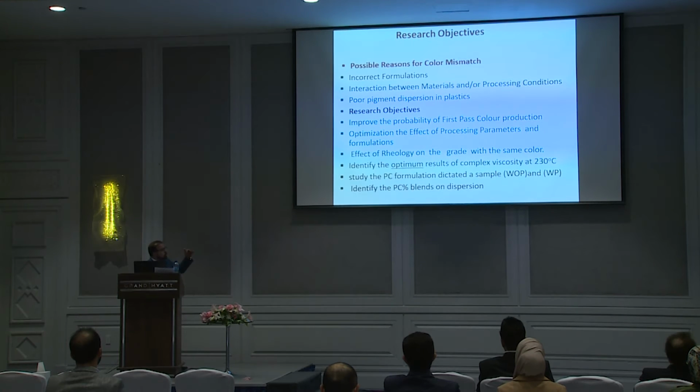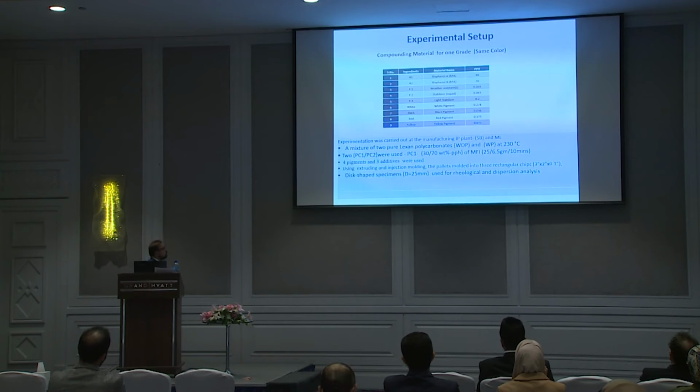So I did all this research at 230, and after that, the study of formulation dictated samples without pigment and with pigment. So I prepared two samples in order to see the effect of blending at different formulations with pigment and without pigment.